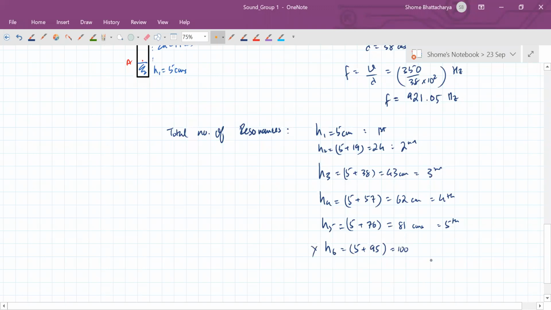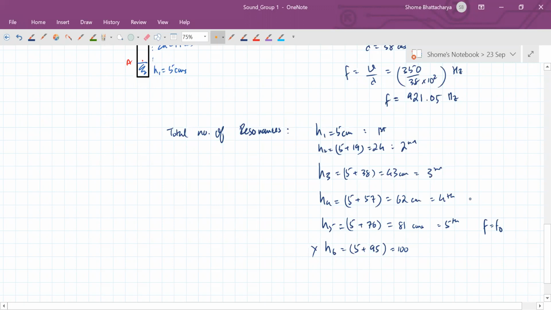So this is not going to resonate. So in all there are going to be 5 resonances. So this is when the column is vibrating in its fundamental mode.